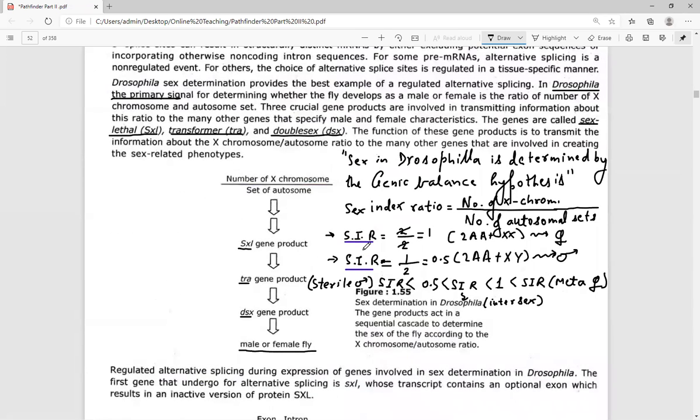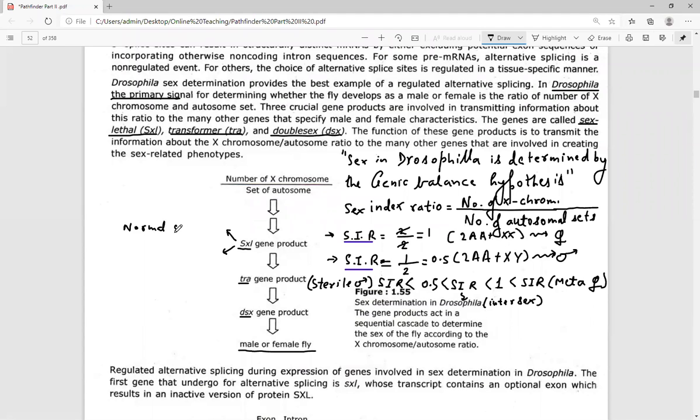So here the Sxl gene has either normal splicing or alternate splicing. Normal splicing will lead to the formation of a male. Alternate splicing will lead to the formation of a female. Okay, Tra, the same thing happens here.